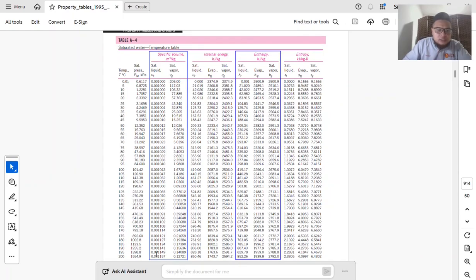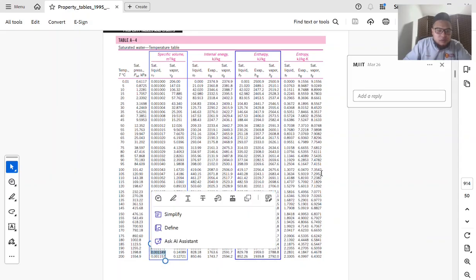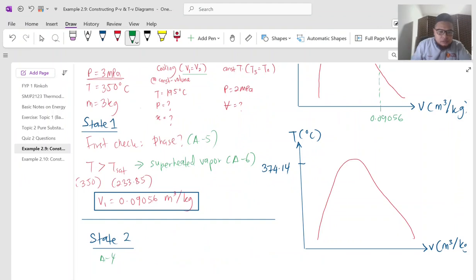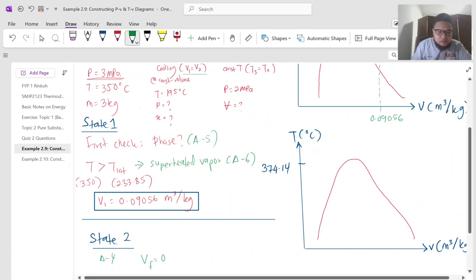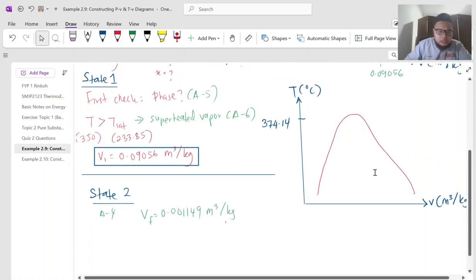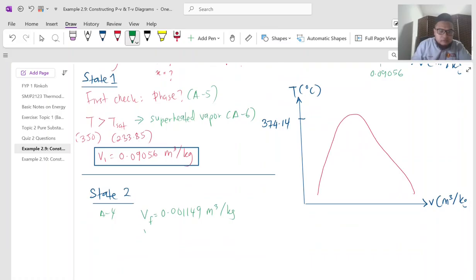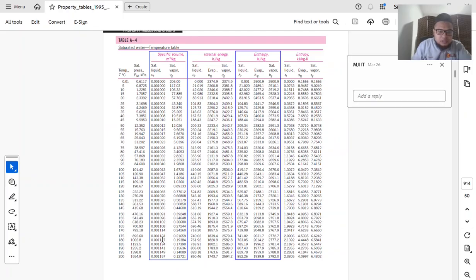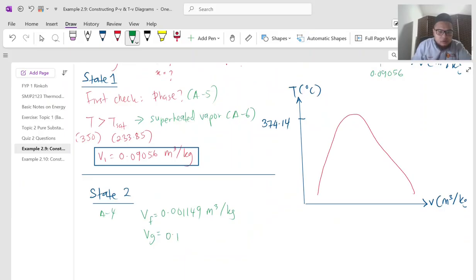So I'm just going to write it down. Vf is 0.001149 meter cube per kilogram, and Vg is 0.14089 meter cube per kilogram.